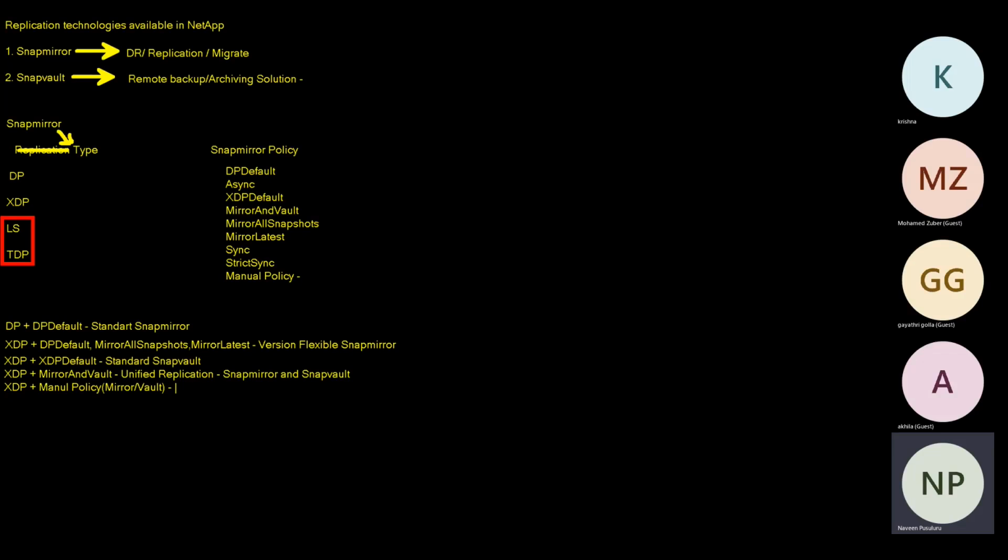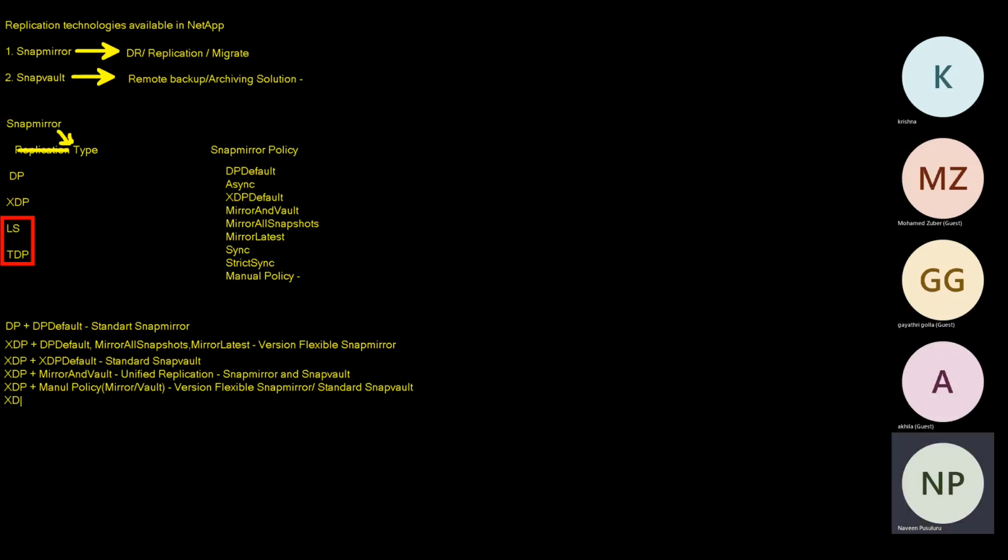Again, it can be version flexible snap mirror or standard snap vault, but it is based on how you created the policy. While creating the policy, did you mention mirror or did you mention vault? Based on that, it will work.